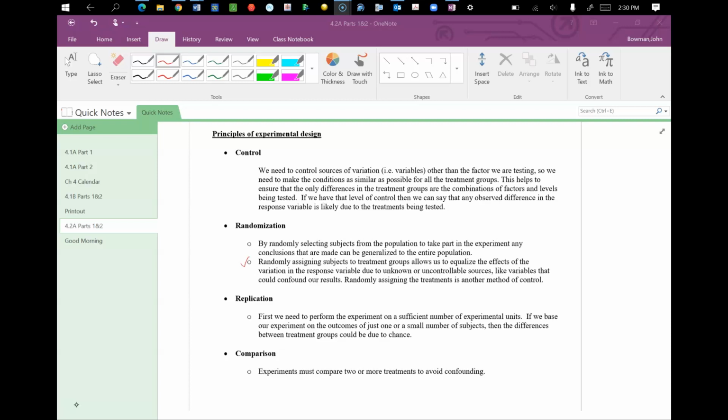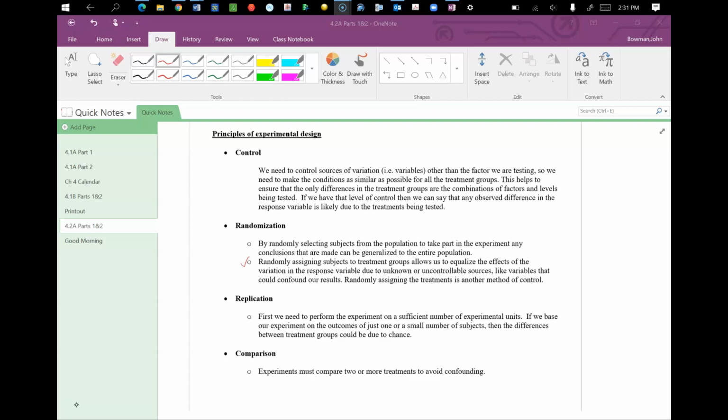And therefore, even if we establish a cause and effect relationship, being able to say, for example, that one course worked better than the other at preparing students for the SAT, we might not be able to say that those conclusions apply to the entire population, because maybe those people that volunteered actually have some trait in common that allowed that effect to occur, and those people that didn't volunteer would not have that trait in common with them.